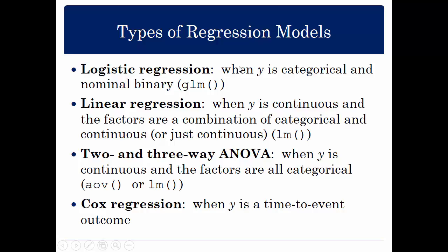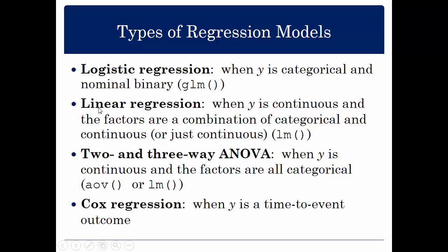Logistic regression can be implemented in R using a GLM. I'm only going to cover an LM, a linear regression example today, but in RStudio anyway. But logistic regression can be done in the exact same way using the GLM function.